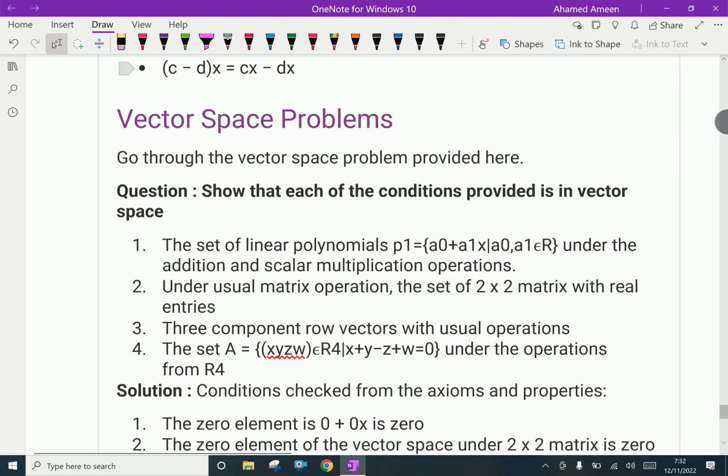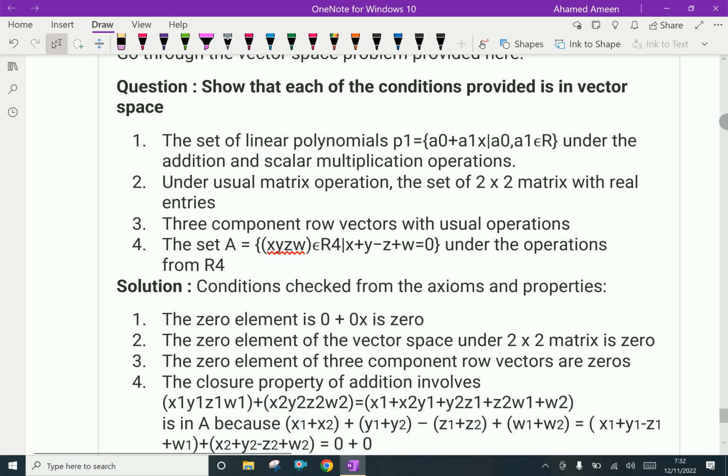Here we can explain some problems in vector space, to check whether each of the conditions provided is a vector space. Here the set of linear polynomials P1 is equal to a0 plus a1x plus a2x squared plus a3x cubed, and it continues. Then we can say addition and scalar multiplication operations are possible here.